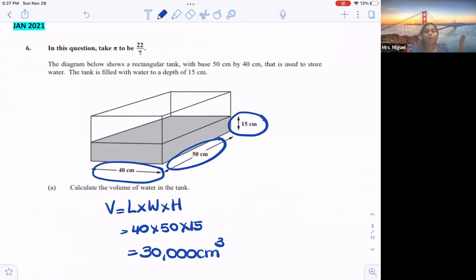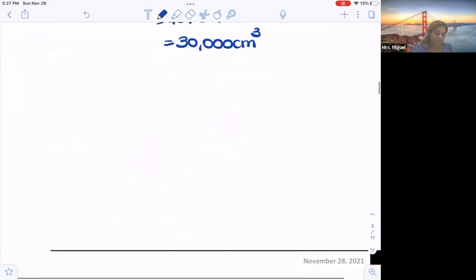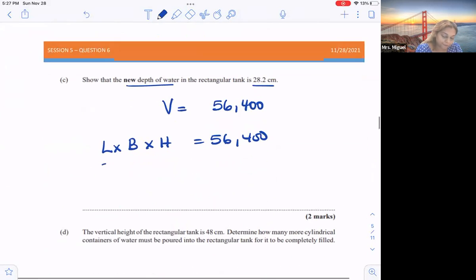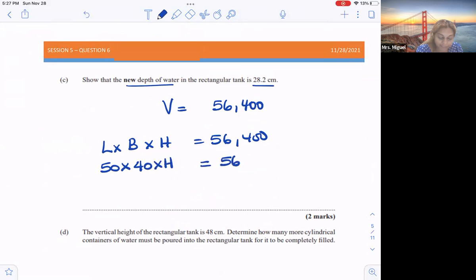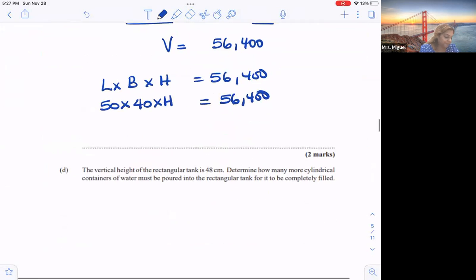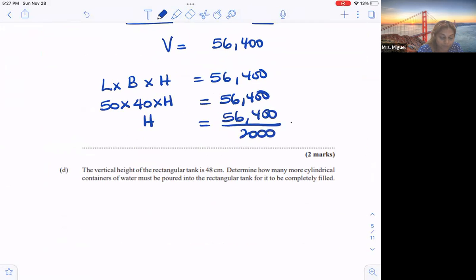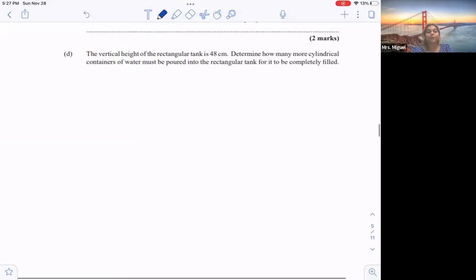The height of the water will always change because as you pour more and more water from the cylinder, it will fill up the tank. So 50 by 40 by some height will give me 56,400. So 50 by 40 is 2,000. So the height, 56,400 divided by 2,000 is 28.2 centimeters, right?